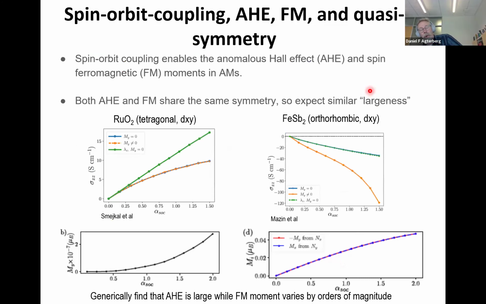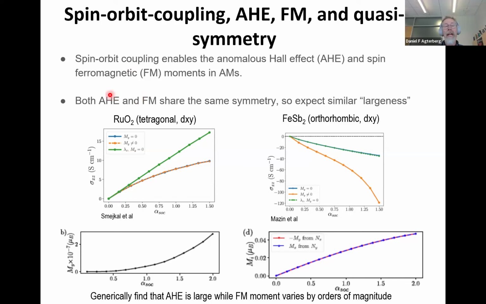And that is the role of spin-orbit coupling on these altermagnetic states and the interplay of the anomalous Hall effect, spin ferromagnetism, and quasi-symmetry in these. And I'll tell you what quasi-symmetry is in a second. All right, so we know that if we want to get an anomalous Hall effect in an altermagnetic state, and if we want to get a spin ferromagnetic moment in these altermagnetic states, we have to turn on spin orbit.